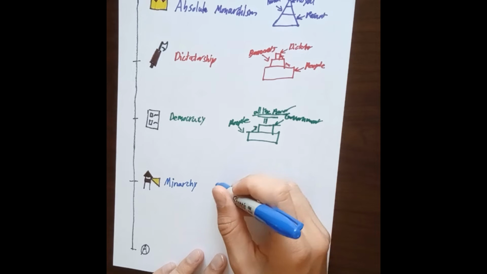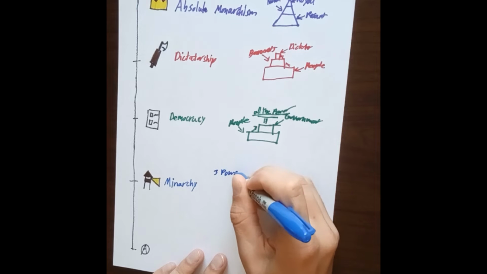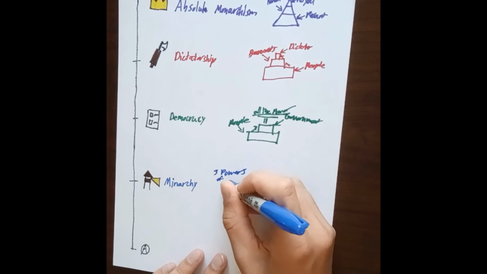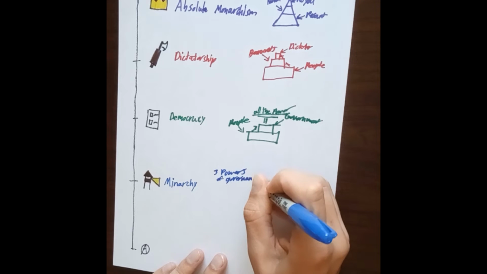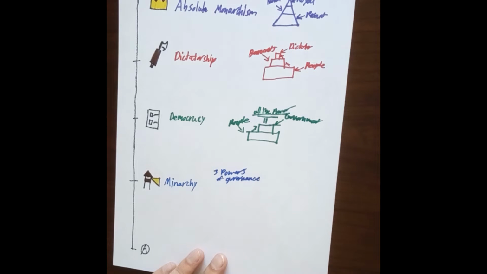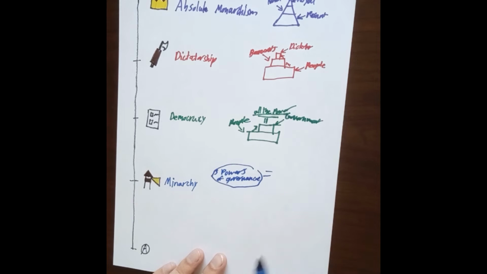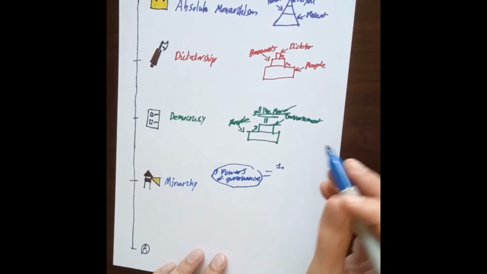We have to understand the three powers of governance. All right? Three powers of governance equals 1. All right?